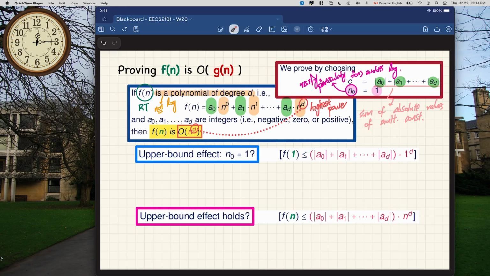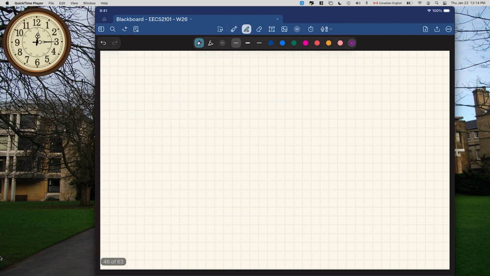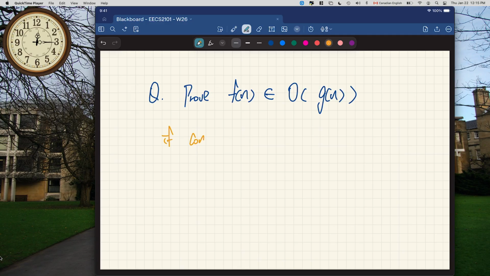But let me make it explicit to everybody. Let's say the question is to prove, and let me make this point and then we'll take a break. If I want you to prove that f(n) is big O of g(n), and there is a constraint that n0 should be the smallest possible, then you may want to use the strategy, because that can lead you to n0 equals 1 or something a little bit bigger.